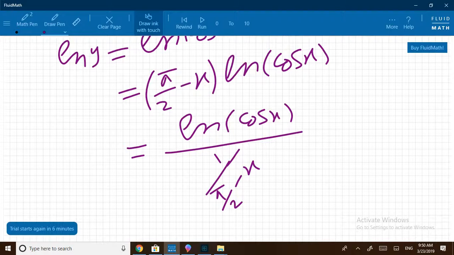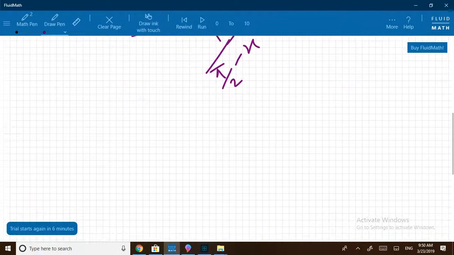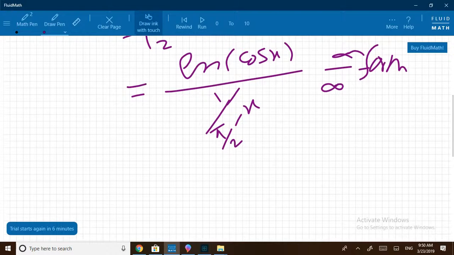Okay, so since it is infinity divided by infinity form, we take the derivative of natural log of cos x.